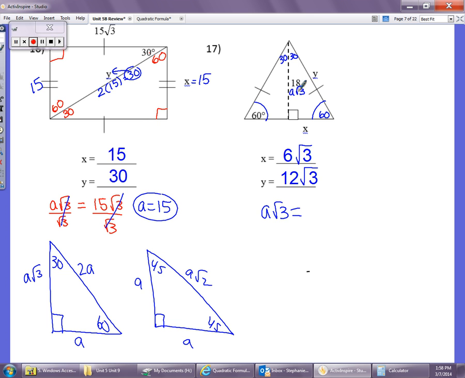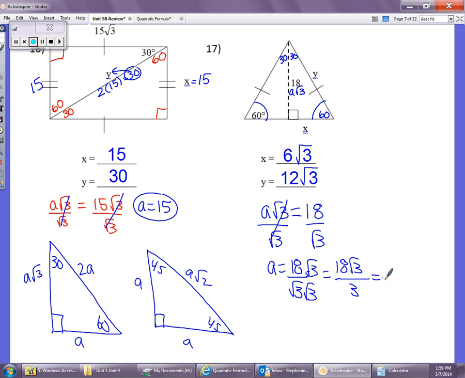So a radical 3 is equal to 18. Divide both sides by radical 3. Now, of course, you're not supposed to have a radical in the denominator, so you rationalize. And now these can cancel out and reduce to 6 radical 3 because 18 divided by 3 is 6.